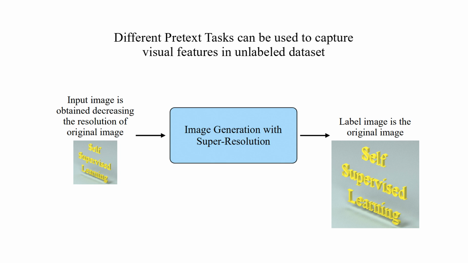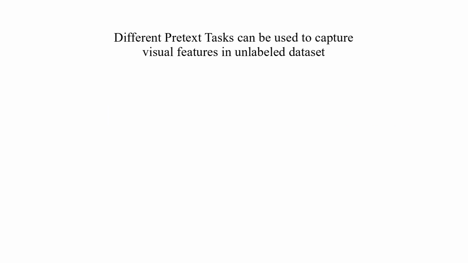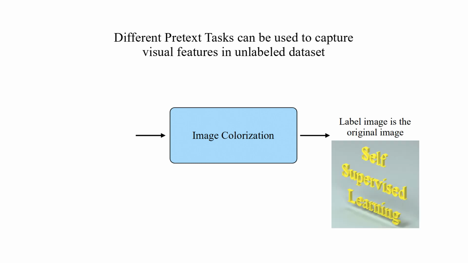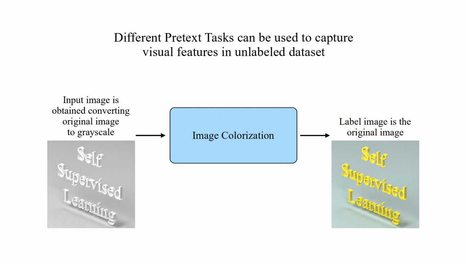Input image is obtained decreasing the resolution of original image. In image colorization, label image is the original image. Input image is obtained converting original image to grayscale.